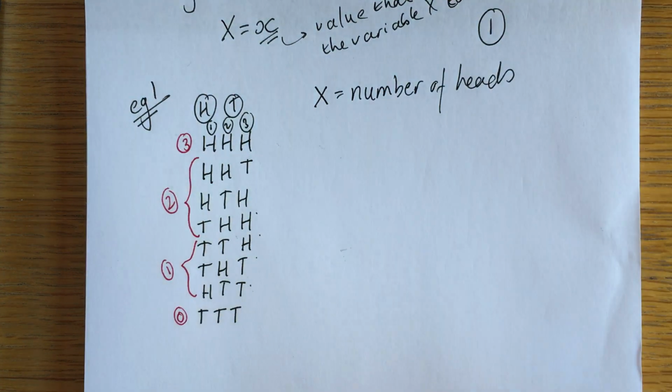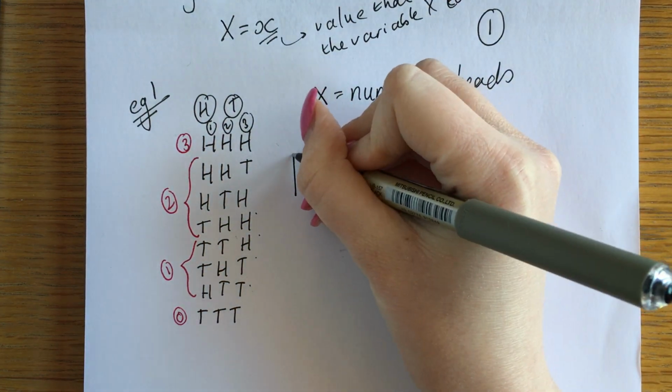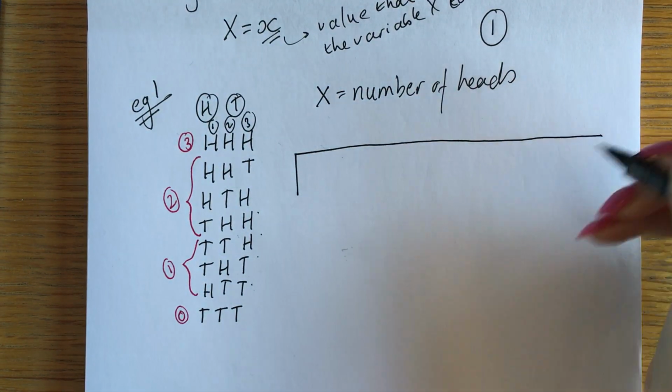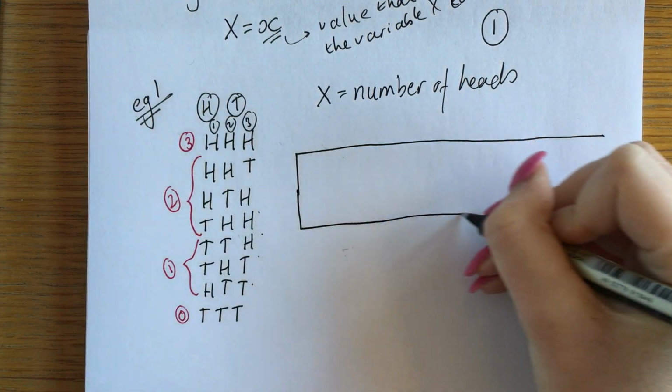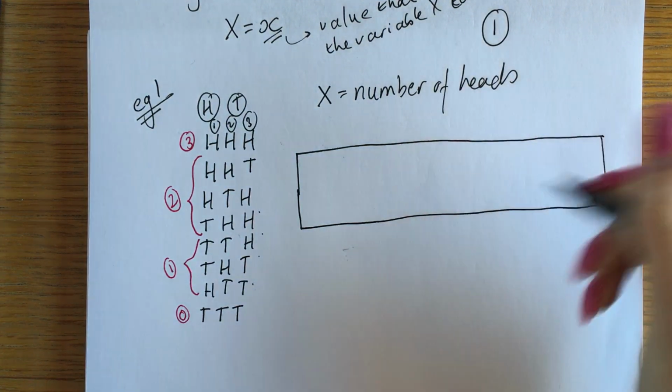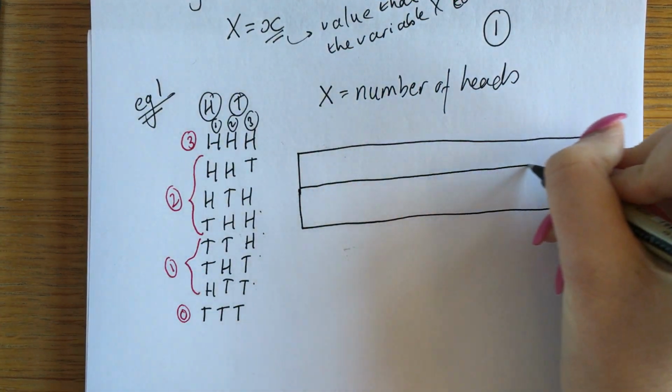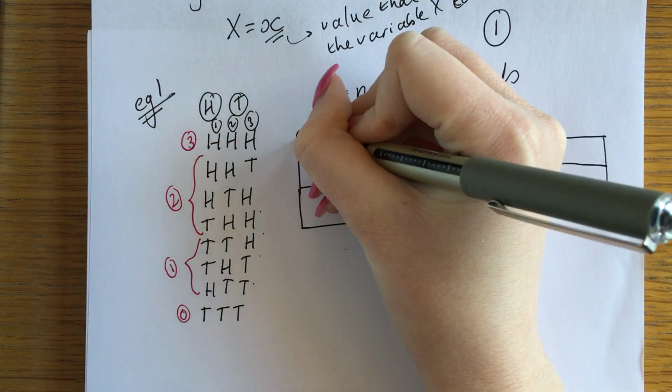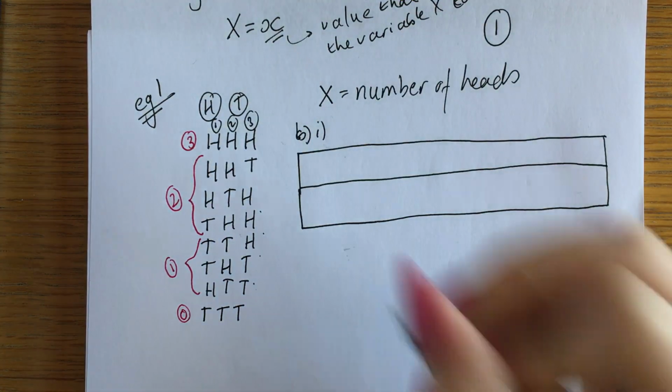If I was to draw my table, mine will be a sketch of a table. I know a lot of you like to use a ruler when you're doing these, but it really isn't necessary. So this is part B, i, doing it as a table.